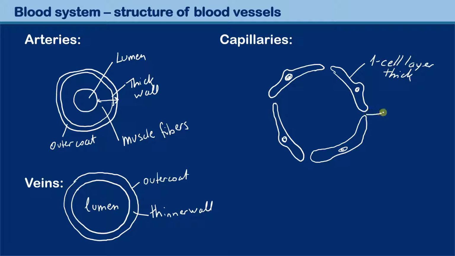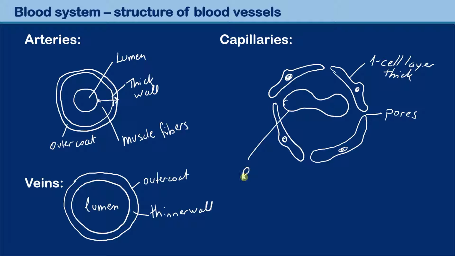You have over here pores. And in here, this is the lumen. And I'm going to draw now over here a red blood cell. And you see that the red blood cell in cross-section is relatively large compared to the diameter of the capillary.